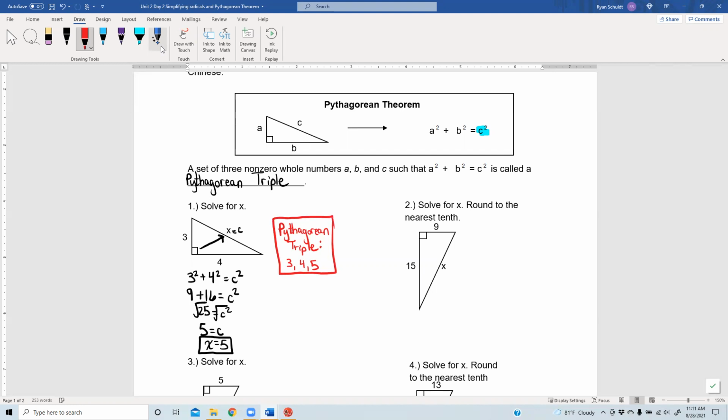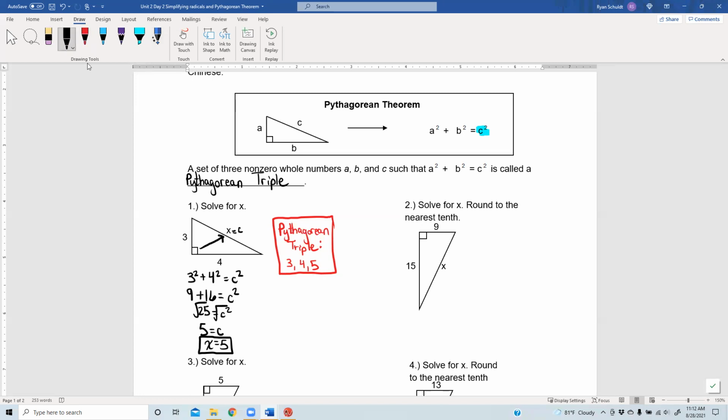Any multiple of 3, 4, and 5 is a Pythagorean triple. So I could do 6, 8, and 10. That's a Pythagorean triple. I could do 9, 12, and 15. Pythagorean triple. This is your base triple, one of your base triples.